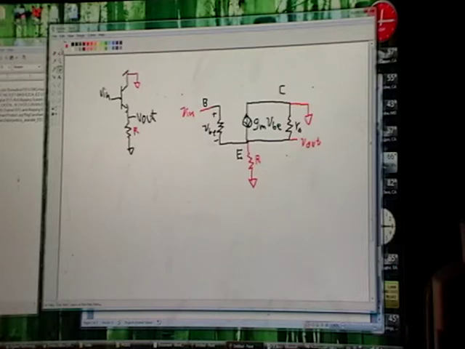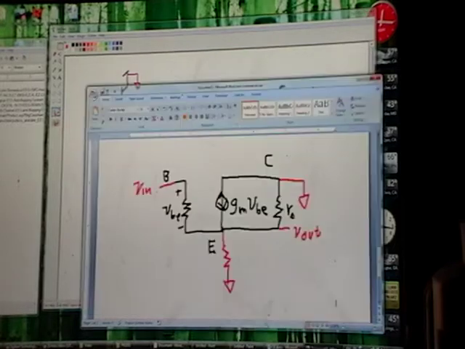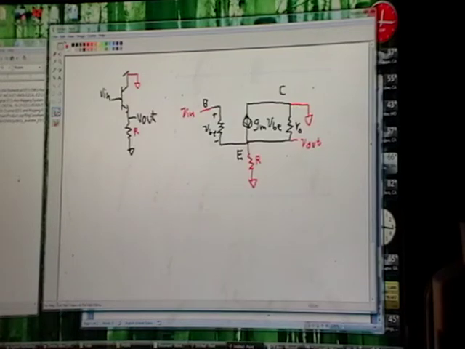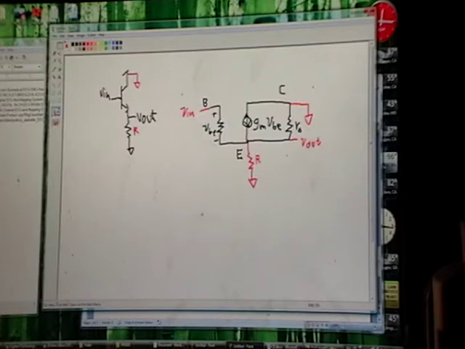Now we can take that R and it just goes in parallel with RO. I didn't leave myself drawing space, so let's move that down a little bit.